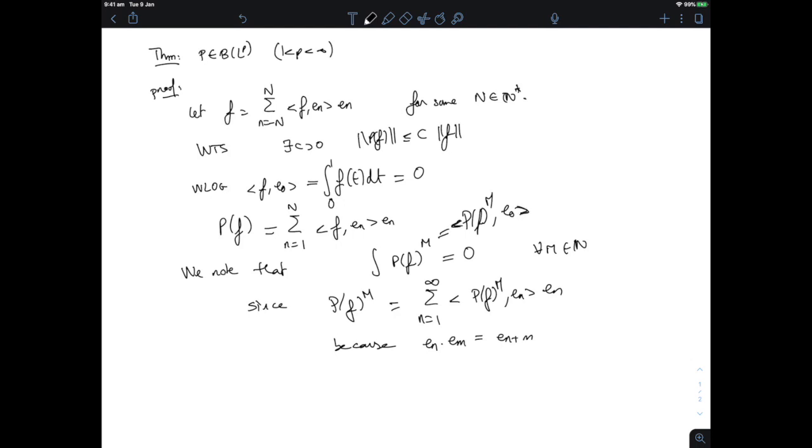Right, and if the decomposition of (Pf)^M doesn't have a coefficient in front of E_0, then its inner product with E_0 is 0 because the E_n form an orthonormal basis. So what we have is, because we start without loss of generality with a function that has mean 0, the mean of all of the powers of Pf will also be 0.